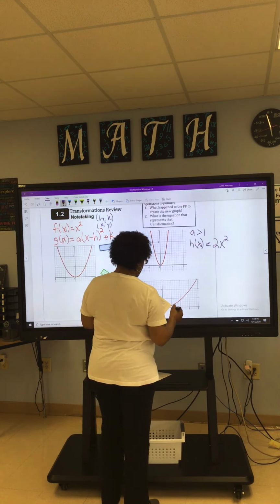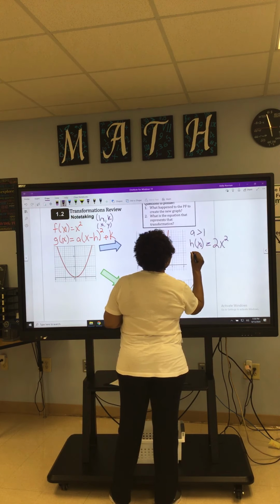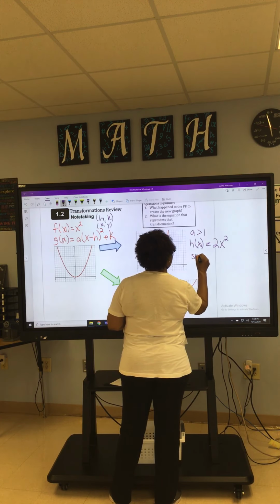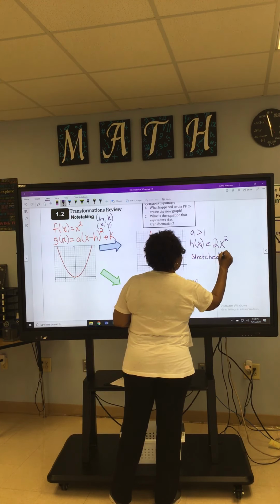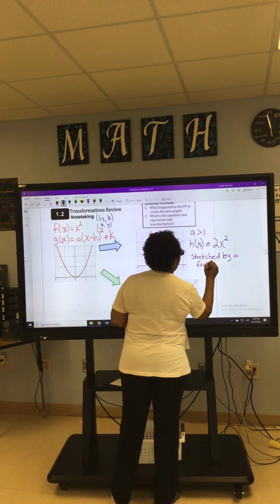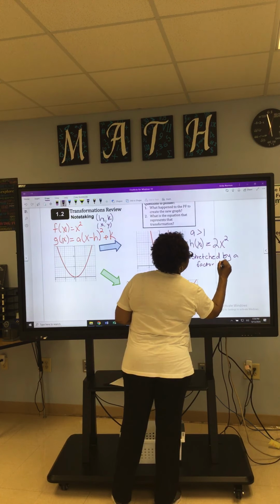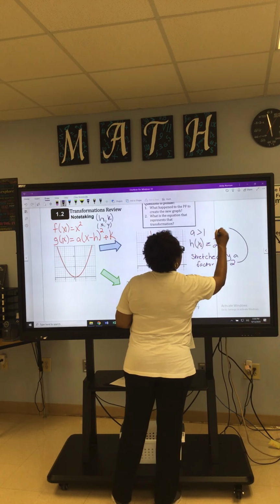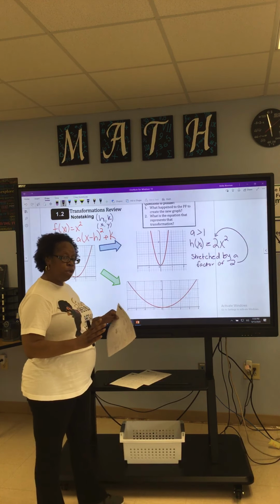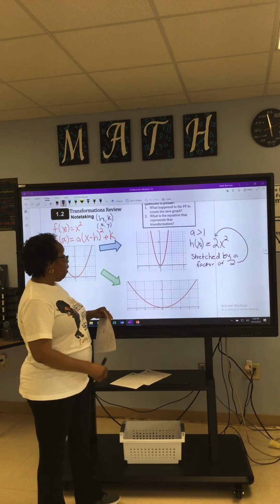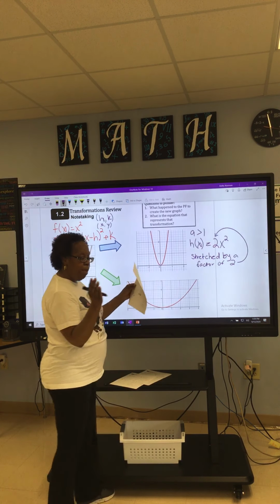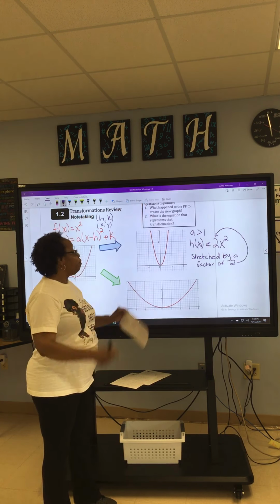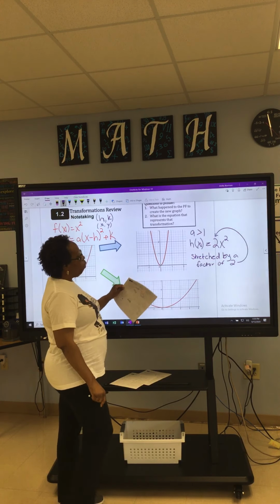This one is being stretched by a factor of 2. In other words, it's being multiplied by 2. It's being stretched 2 times up. If you put a 4 there, this would be even more narrow and going further up, away from the x-axis. Instead of coming down this way, it would come more up this way. Okay? So that is what this equation would look like.